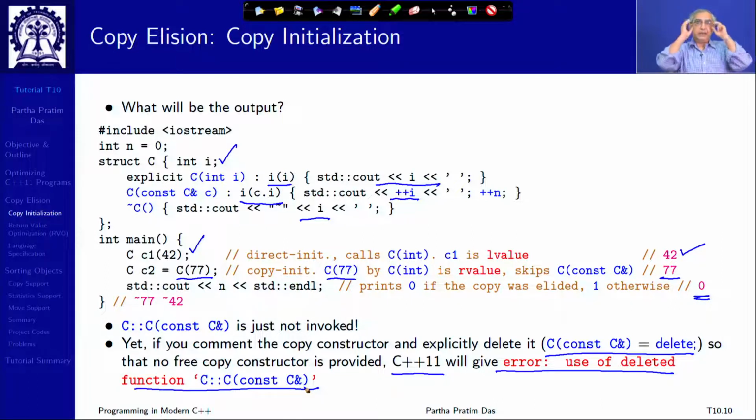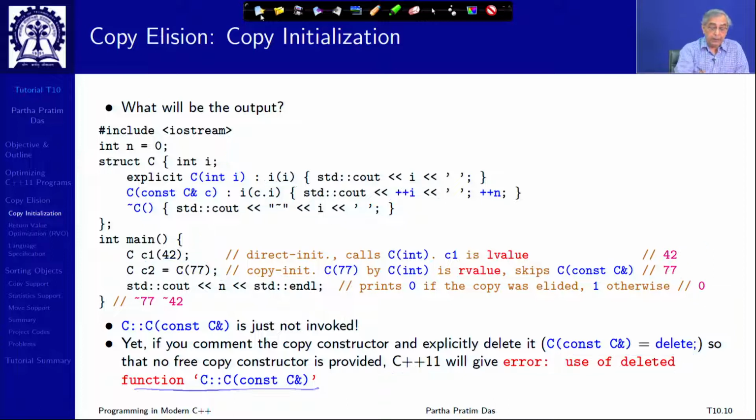So, that is what I was saying, that here the behavior is like the direct initialization, which is very similar to the copy behavior, but semantically it is different, because it still wants a copy constructor to be accessible, right. So, it has to be accessible, then it does not use it.